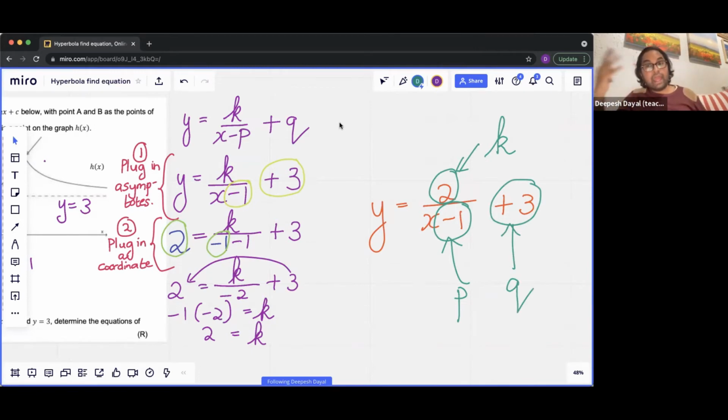The k or the a can be anything in the numerator part. Then we put the p, which is the x asymptote, and then the q, which is the y asymptote. So that's what we put back into the final equation. Now you see c is no longer there. That's the c that we used to find k. We don't put that because we need to leave an x and a y here.